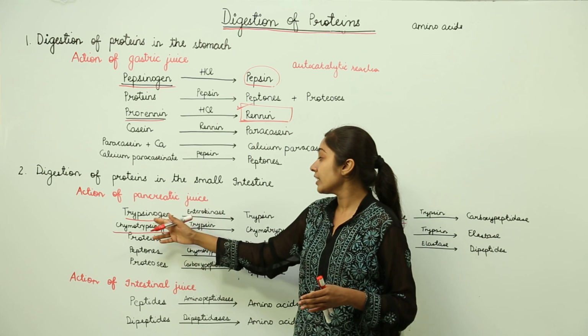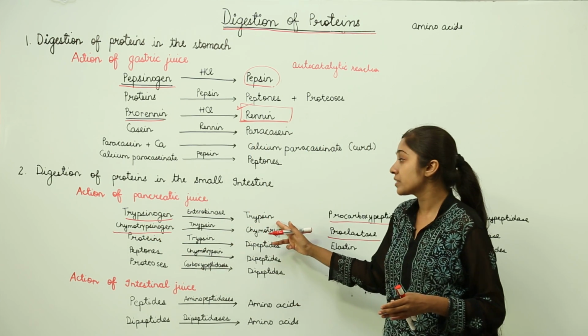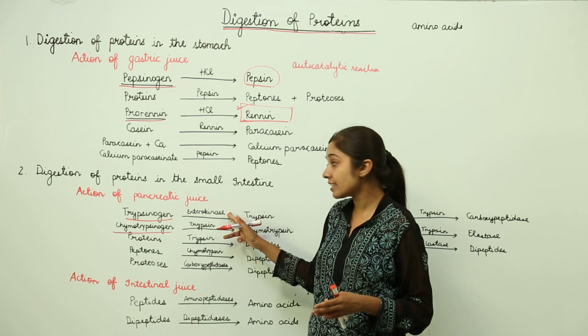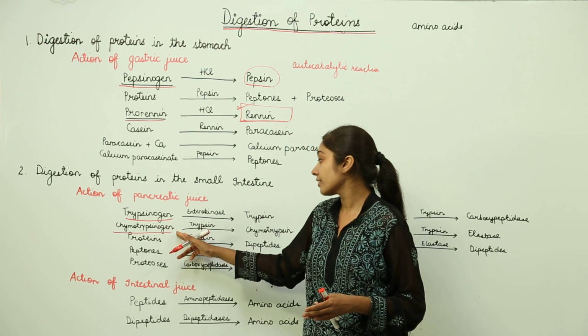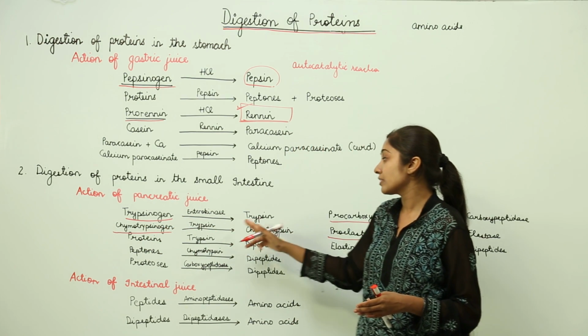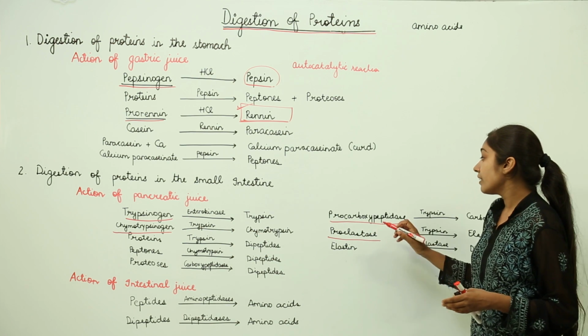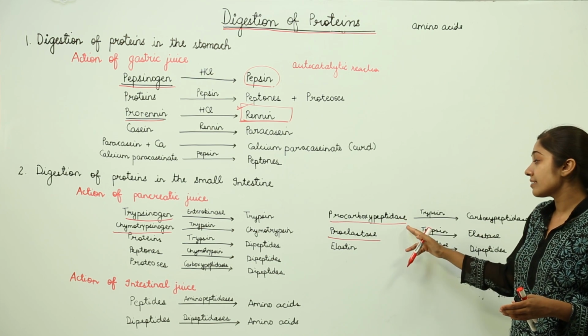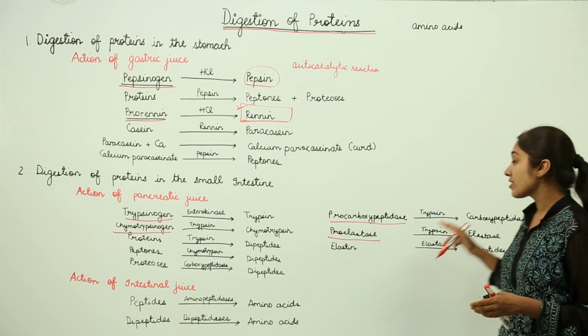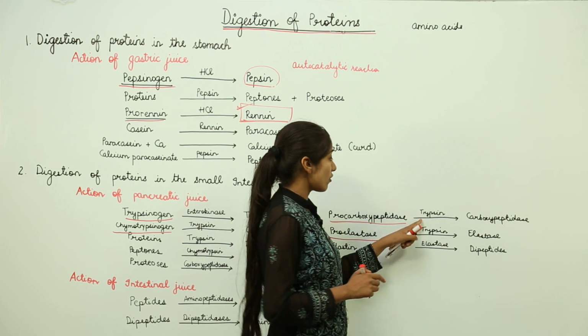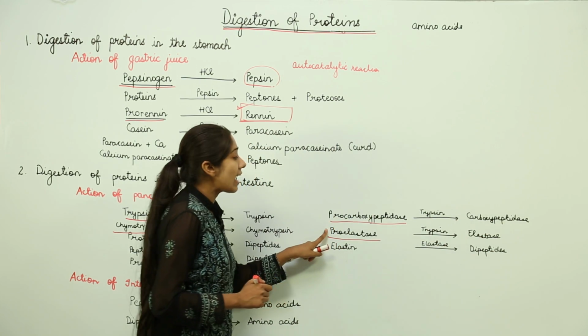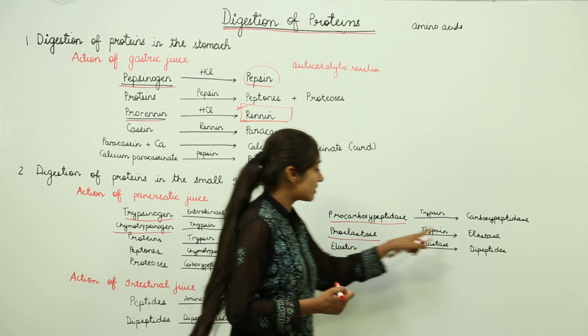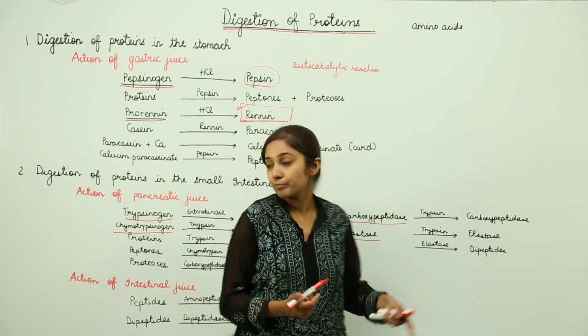Trypsinogen is converted into trypsin in the presence of enterokinase. Chymotrypsinogen is converted into chymotrypsin in the presence of trypsin. Procarboxypeptidase is converted into carboxypeptidase, again in the presence of trypsin. Then proelastase is converted into elastase in the presence of trypsin.